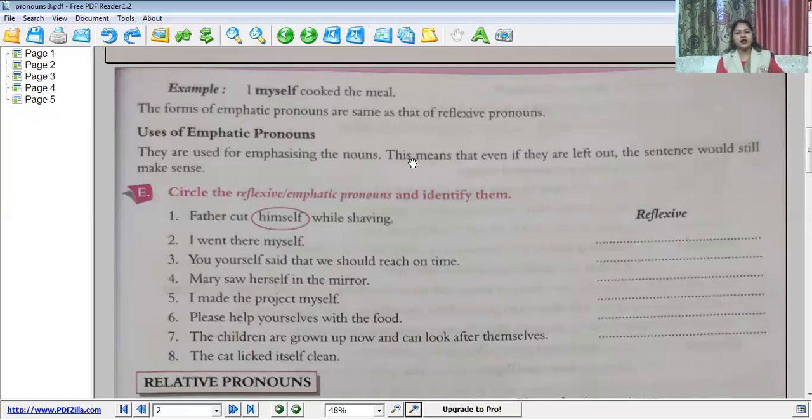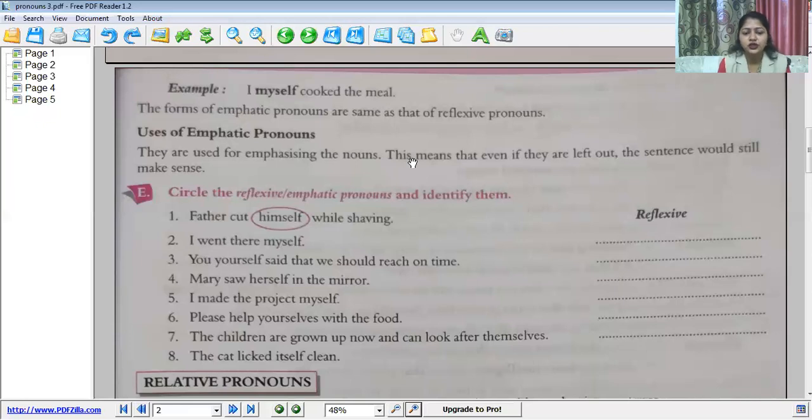Okay, got it? The answer to the first one is reflexive. The second is emphatic. Again, the third one is emphatic, yourself, emphatic. The second one, myself, emphatic. The fourth one, herself, is reflexive. Fifth one, myself, you'll circle, that is emphatic again.